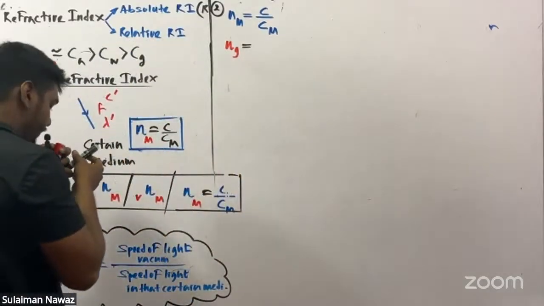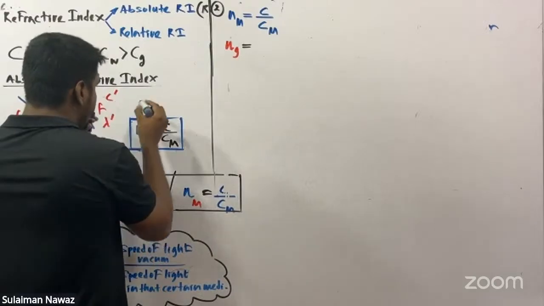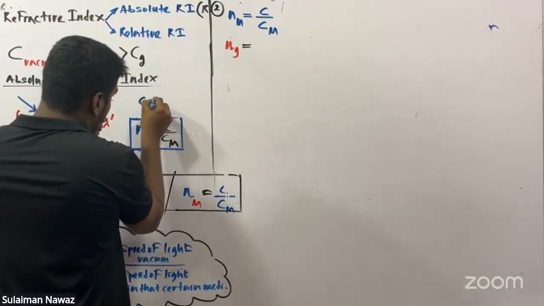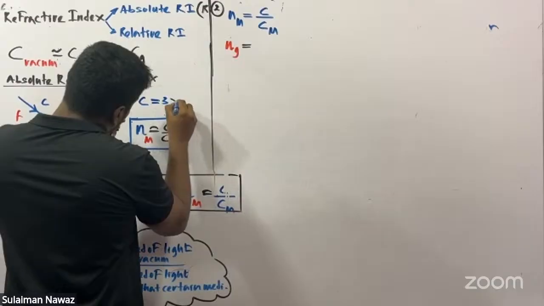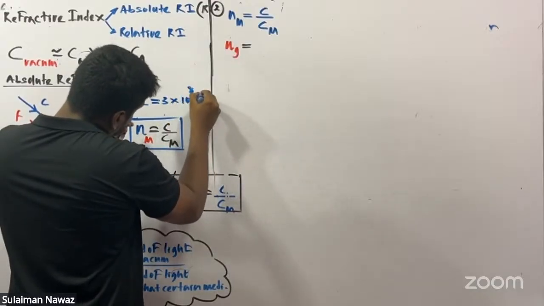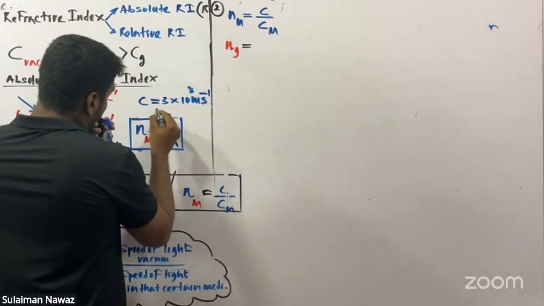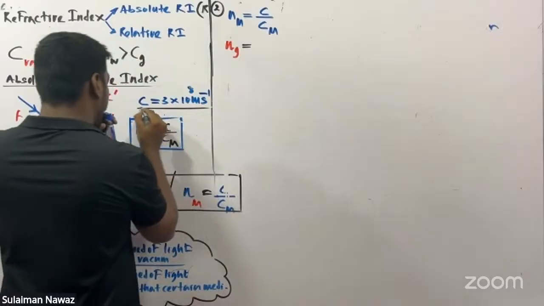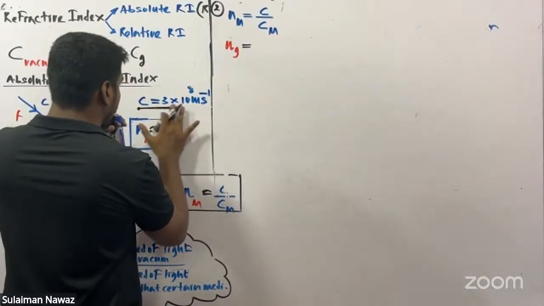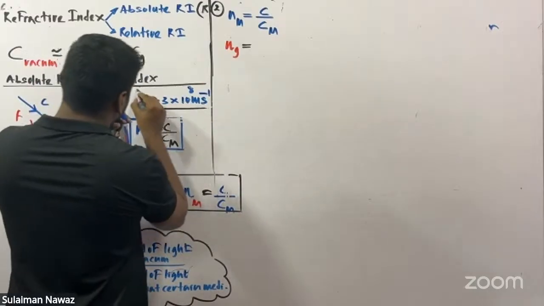Highlight this value. For any light ray, any electromagnetic wave, it is 3 into 10 to the power 8 ms minus 1.